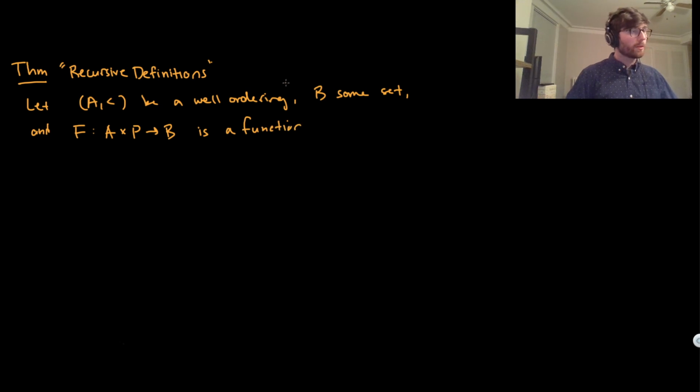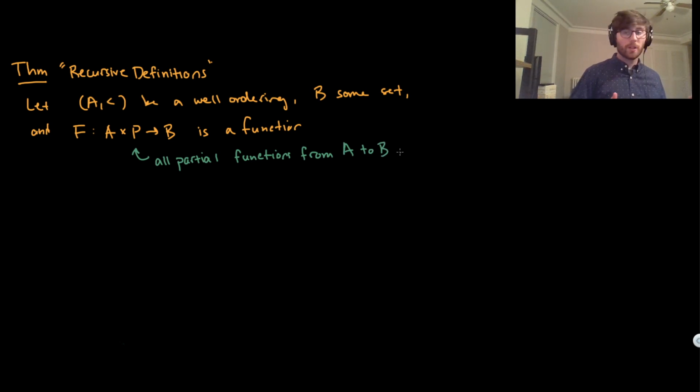So we have a well-ordering, a set B, and this function big F, where P is going to be all partial functions from A to B.